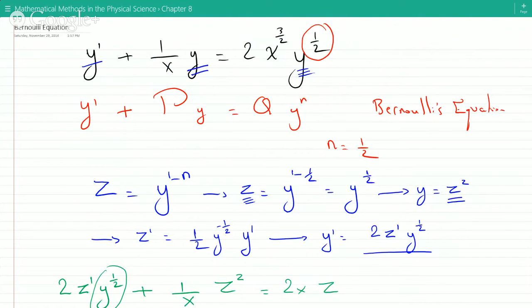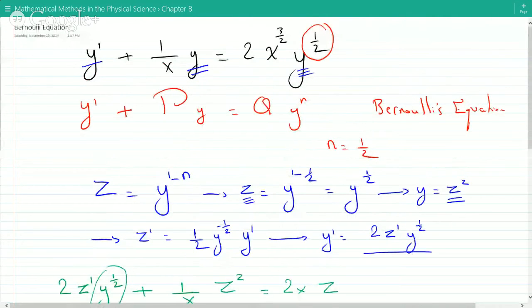All I have to know is the power of the nonlinear term. What's the nonlinear term in this differential equation? It's the y to the half. It needs to go away. It has to be the nonlinear one. But you do have to put it in the standard form, because the substitution requires the differential equation to be in the standard form.